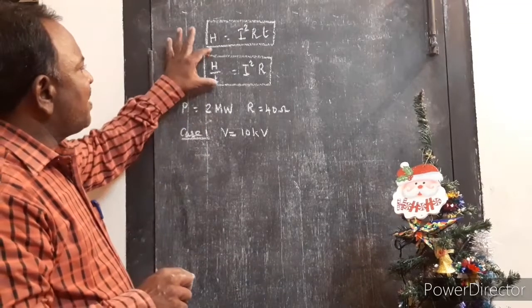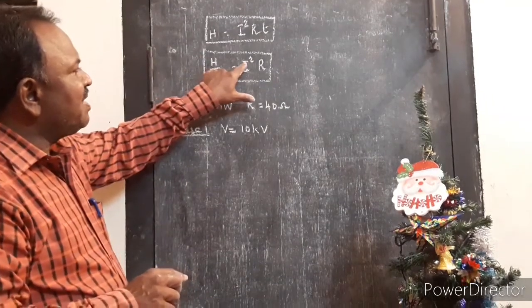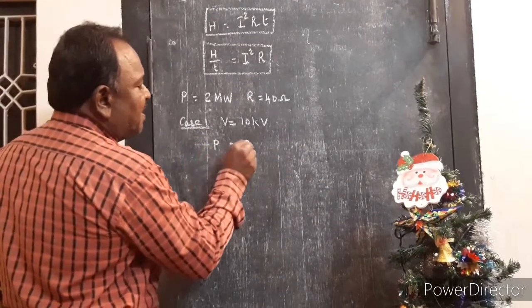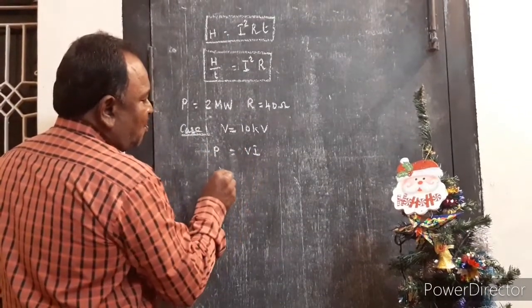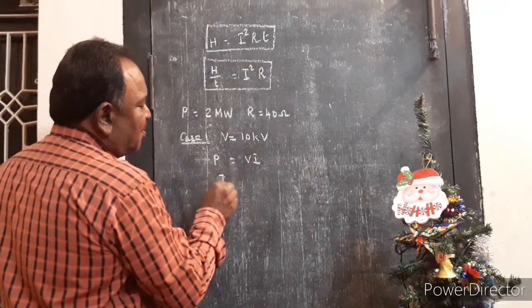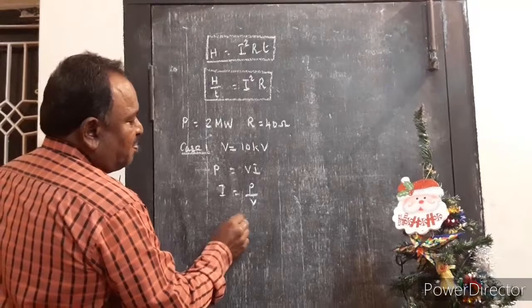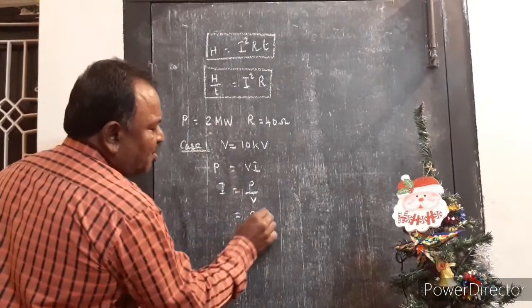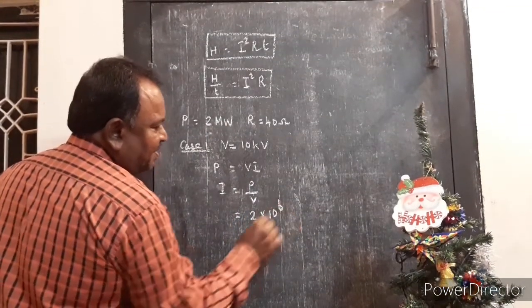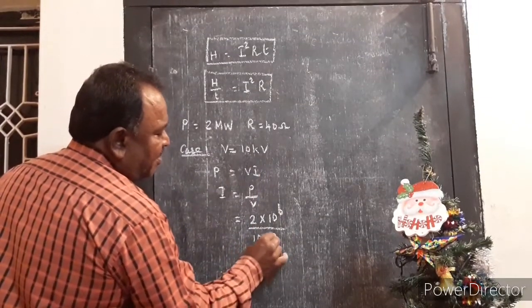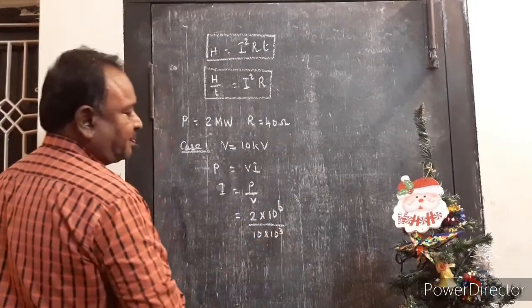In order to find out power loss, I have to find I squared. Electric power is given by VI. Therefore, I is equal to P by V. P is 2 megawatt, 2 into 10 power 6. Voltage is 10 kilovolt, 10 into 10 power 3.